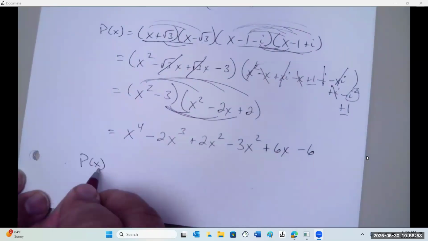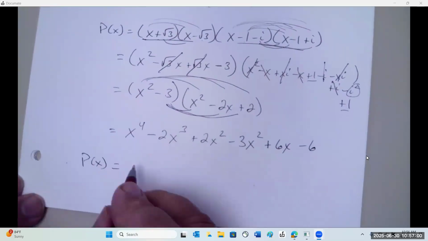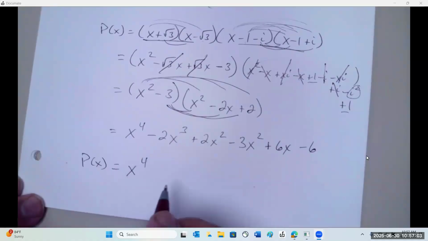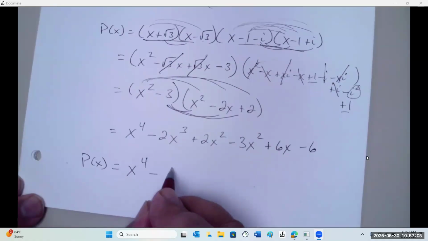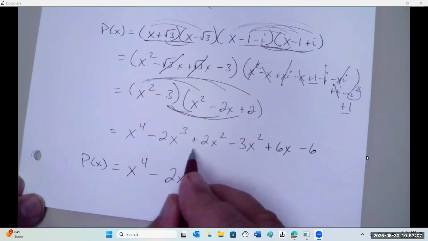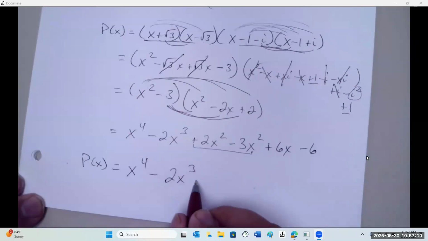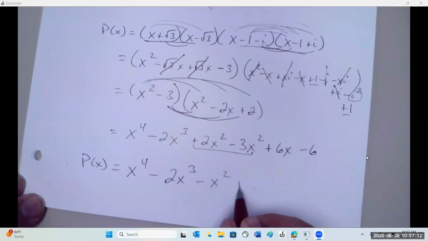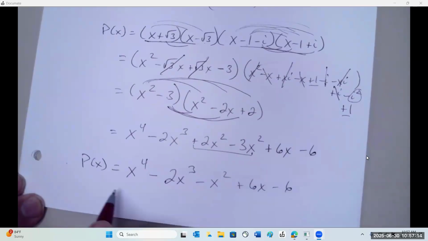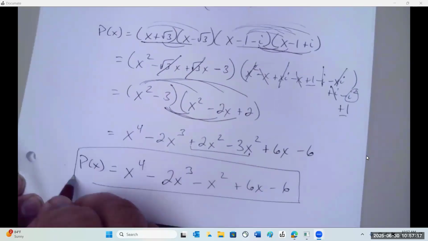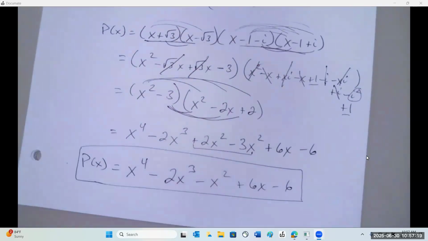So our polynomial becomes x to the fourth minus 2x cubed, combine those two, minus x squared plus 6x minus 6. There's my polynomial. Again, it's just combining a lot of these things we have already. Any questions so far?